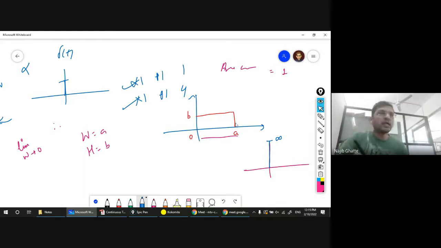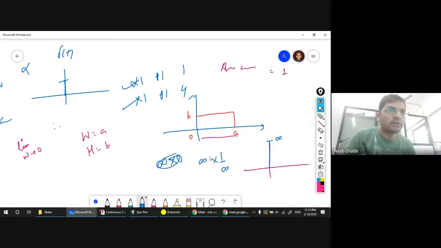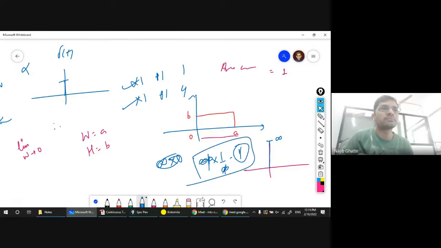And hence the area under a curve means infinity multiplied by 0. If I take an example like infinity into 1 by infinity, which is actually again wrong to say because infinity has no operations, this comes out to be 1, the area under a curve. Understood?